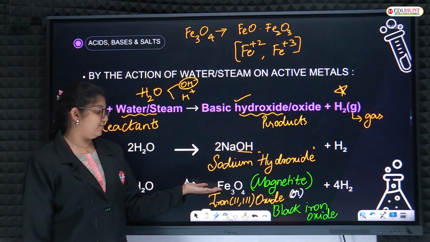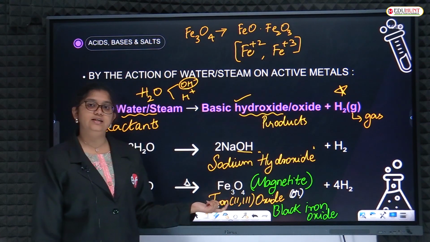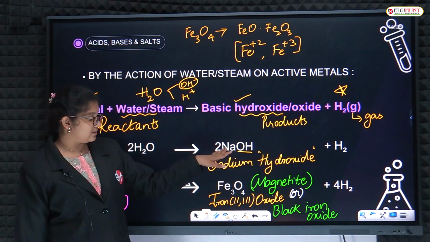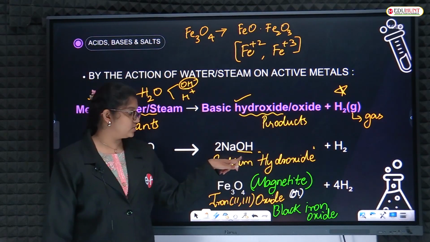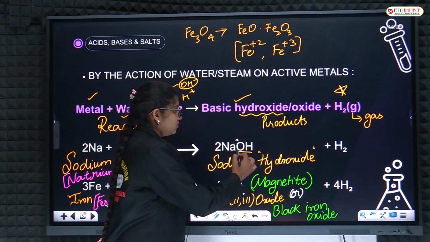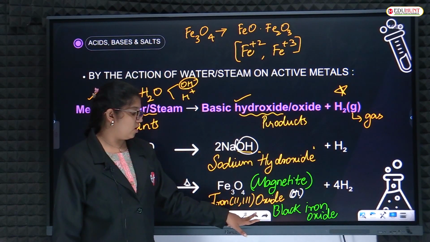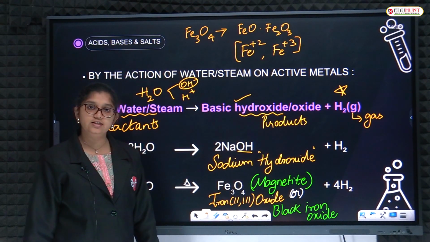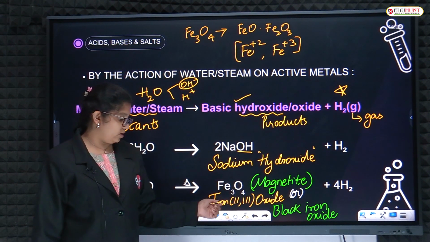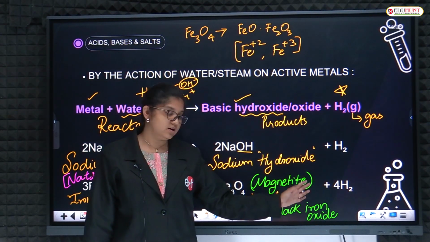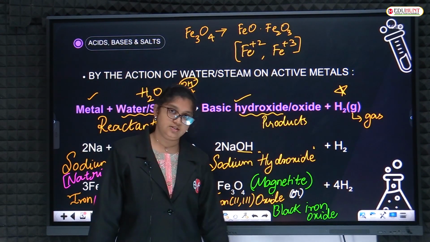Here we have Fe3O4 as the basic oxide, but not a basic hydroxide. It would be hydroxide if OH were present, no? Here it is only O. So what do you write? We write simply oxide. Did you get that? Yes. Fe3O4 is iron 2,3 oxide, also called by the mineral name magnetite, also called black iron oxide.